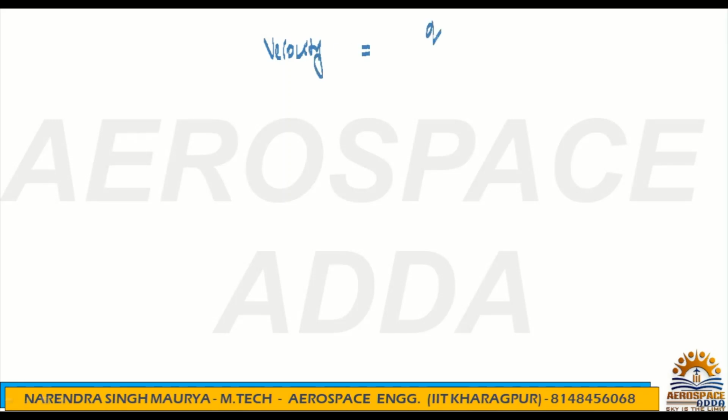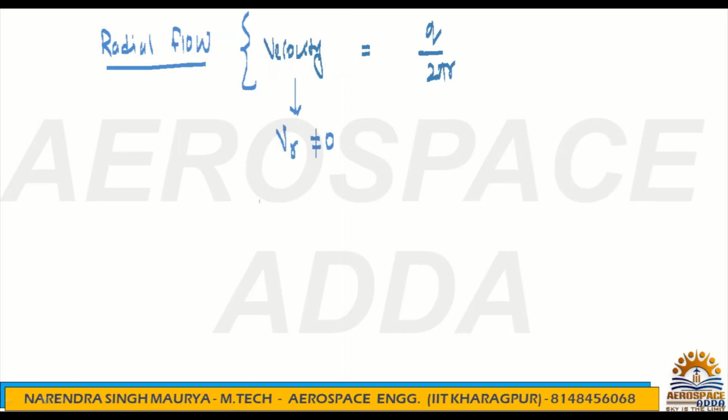Velocity is nothing but q divided by 2 pi r. Always remember this velocity, because this is for radial flow. Whatever I have derived here is for radial flow. Now the point is, for radial flow only radial velocity will exist, that means radial velocity is not 0 and tangential velocity is 0. So what is Vr? Resultant velocity.